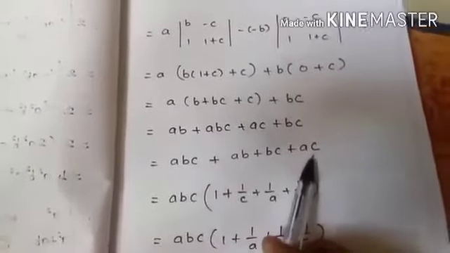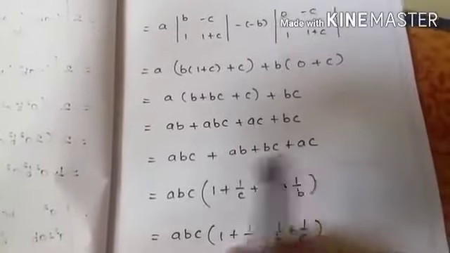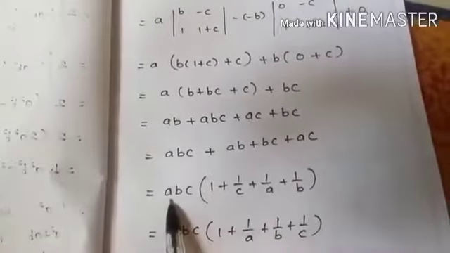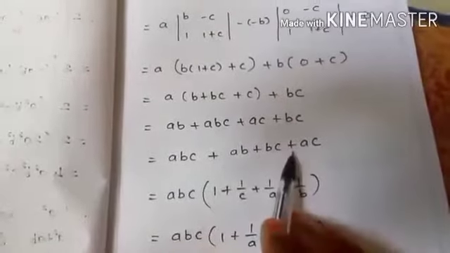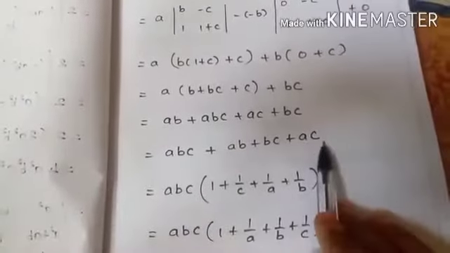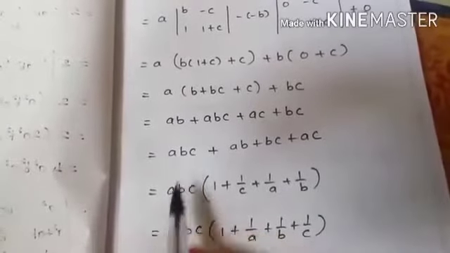So the whole term is multiplied and divided by ABC. The multiplying ABC is taken outside, the dividing term gets inside.